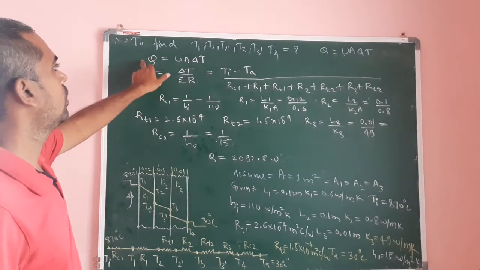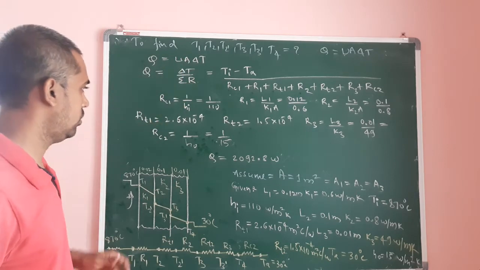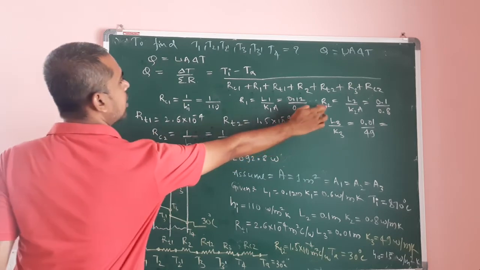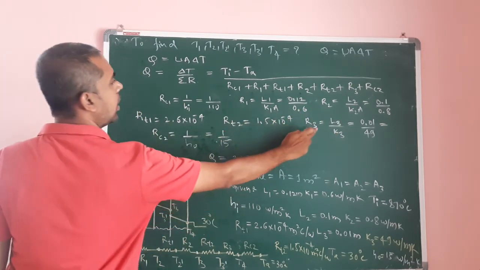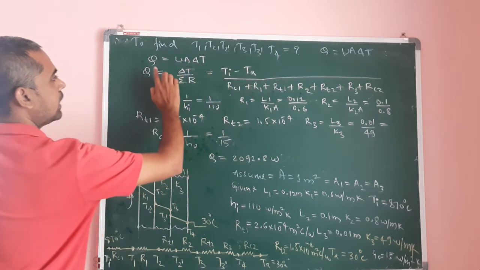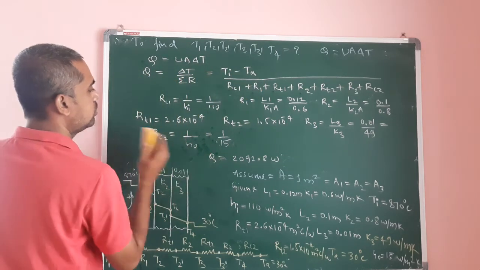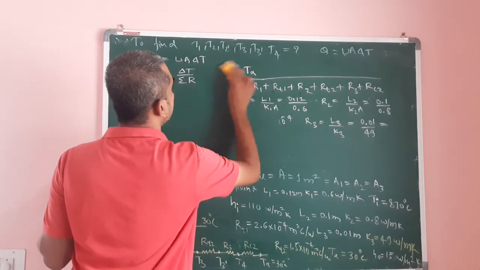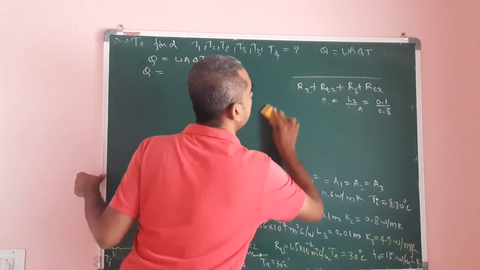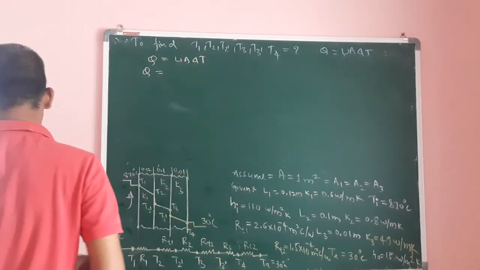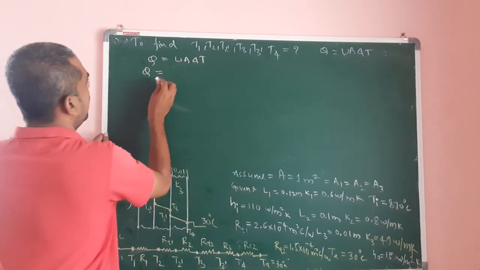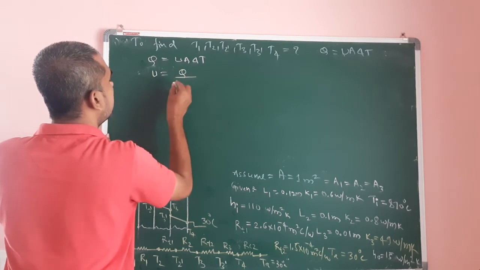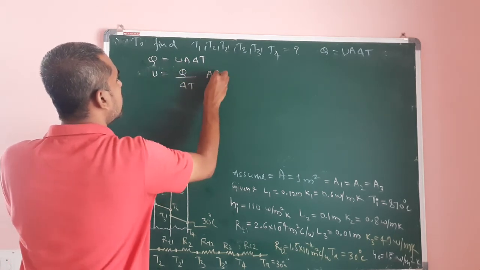You know Q, you know delta T. Now you can calculate U. Once you get Q as 2092.8, U is equal to Q divided by delta T, because A is equal to 1.